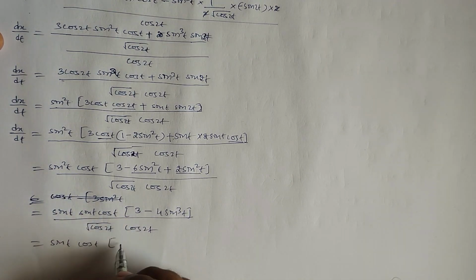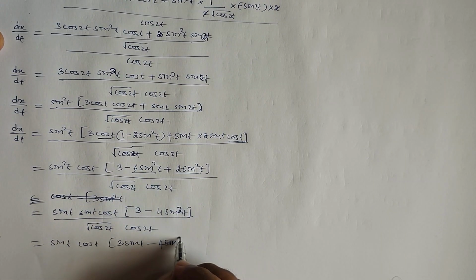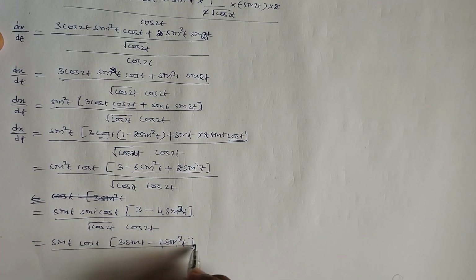With only one sin inside, it becomes 3 sin t minus 4 sin cube t, divided by root cos 2t into cos 2t.